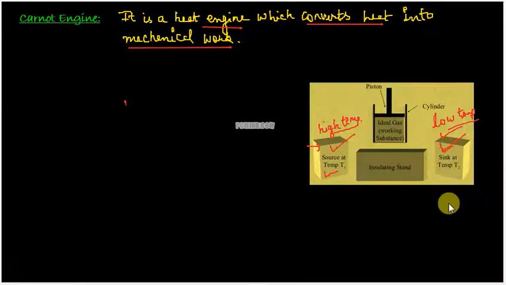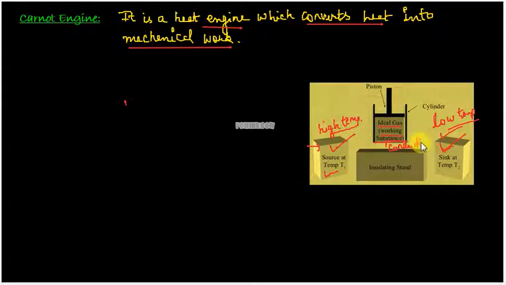The third important part of your ideal Carnot engine is the working substance. The working substance here is an ideal gas, which we take inside a cylinder. There are 2 important things to note about this cylinder: the base of the cylinder is perfectly conducting.